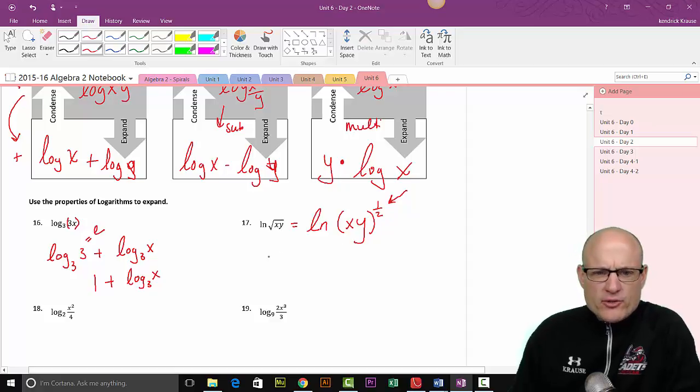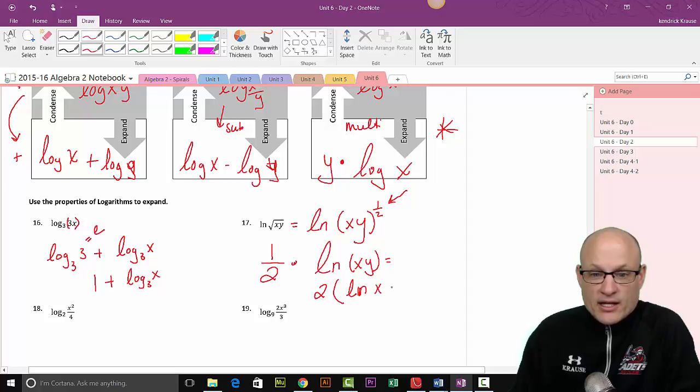So what we're going to do then is use the product rule first. It's 1/2 times the natural log of x y. Well, that's equal to 1/2 times the natural log of x plus the natural log of y. Or in other words, 1/2 natural log x plus 1/2 natural log y.